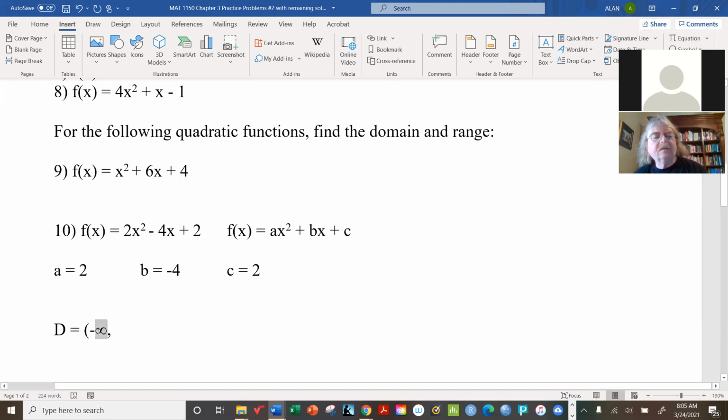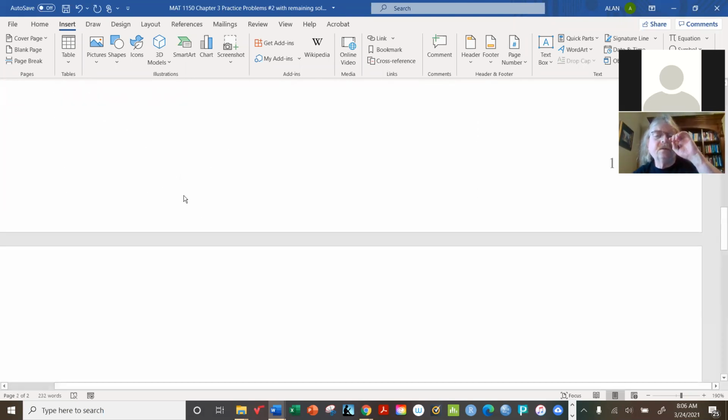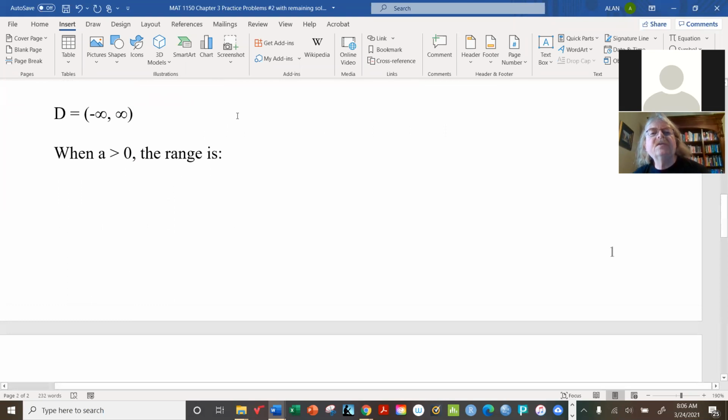What about the range, though? The range has a specific formula. When A is positive, the range is, in other words, there's no mystery about this one. It's a formula, and we've seen before that that formula has 2 parts to it, depending on whether or not A is positive or negative.